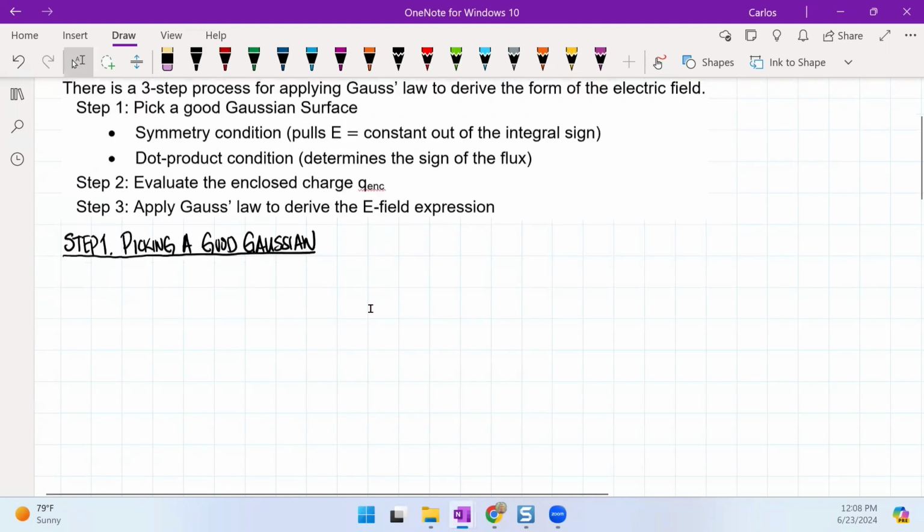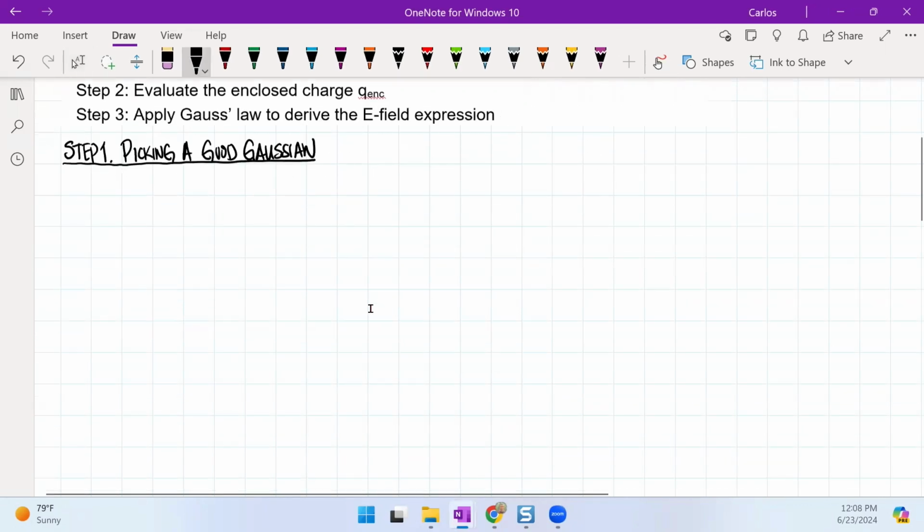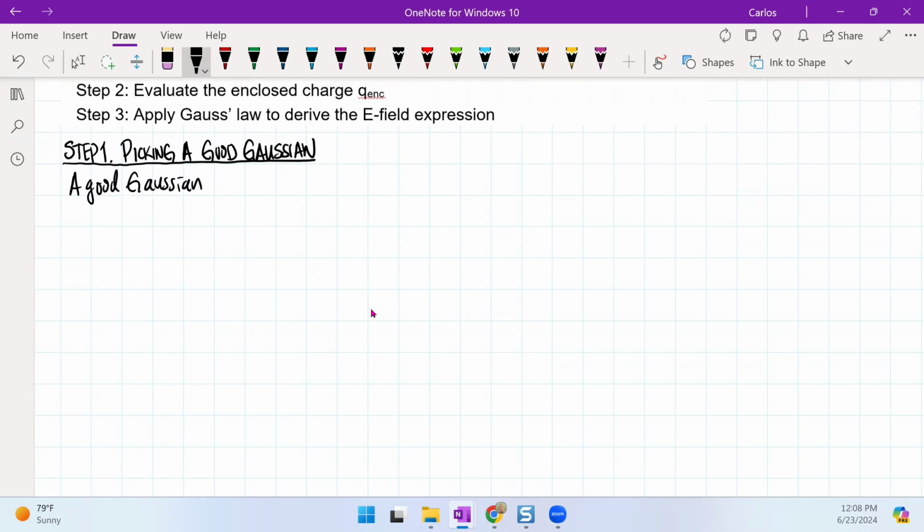So what is a good Gaussian? A good Gaussian does one thing only. It takes our flux, and then we perform the dot product.